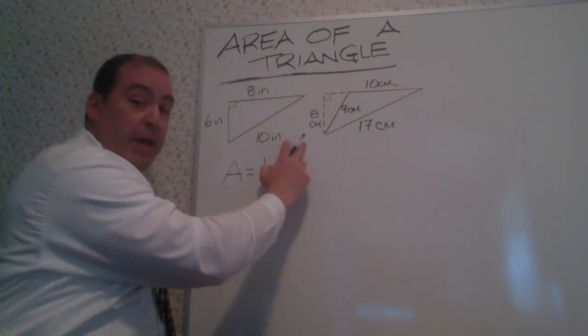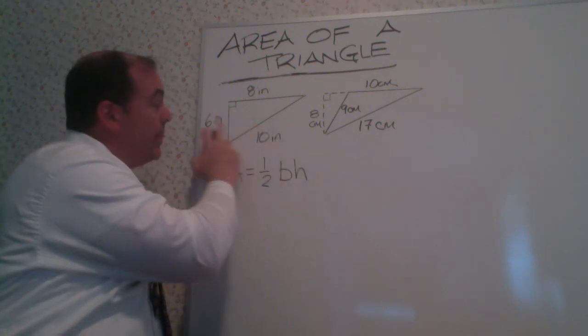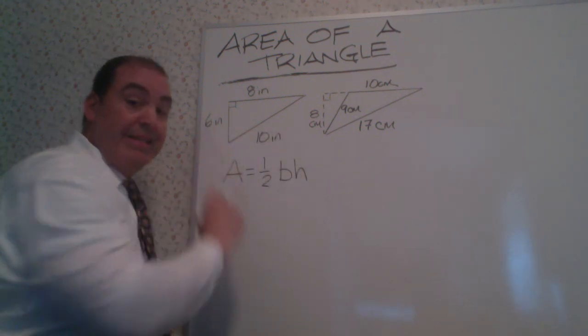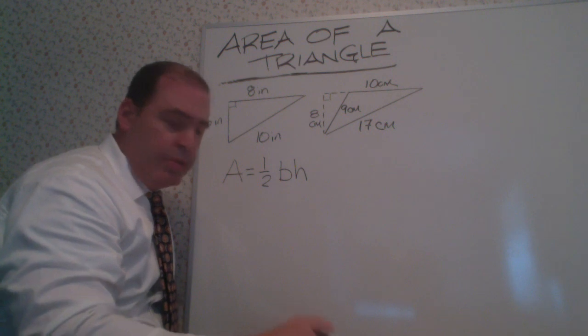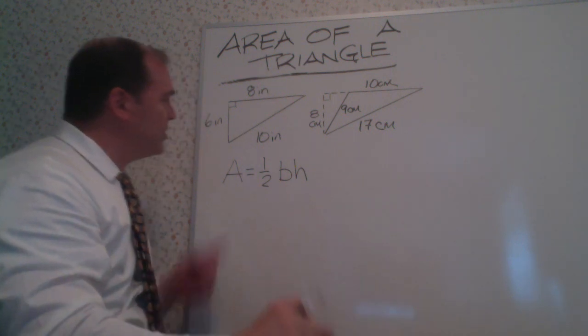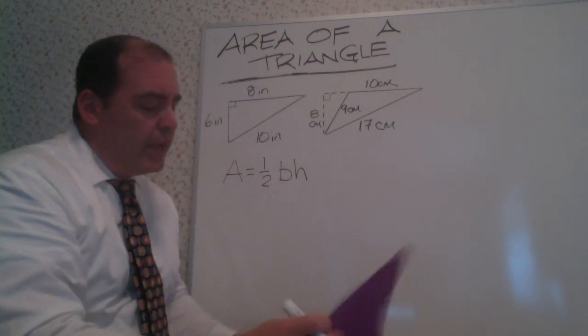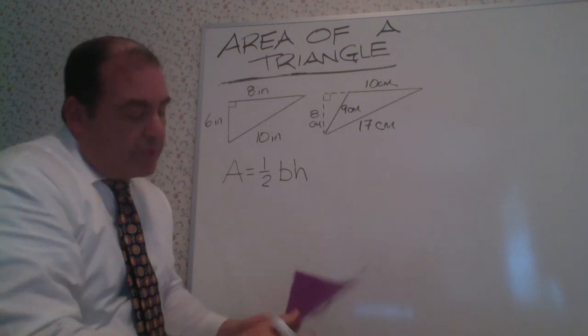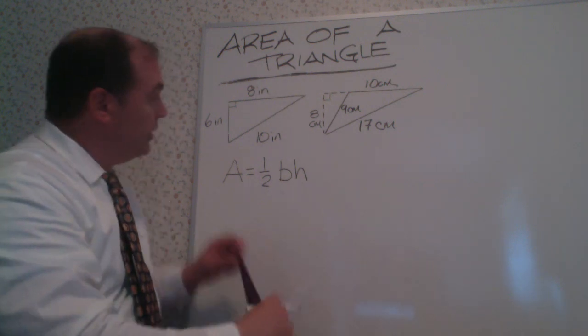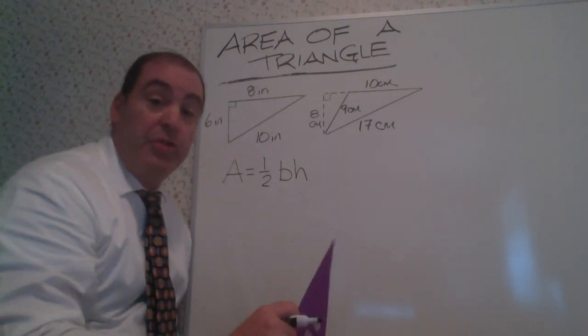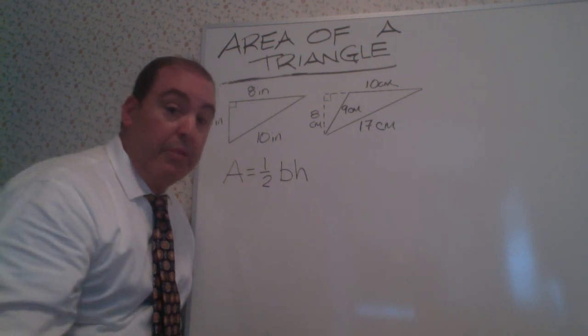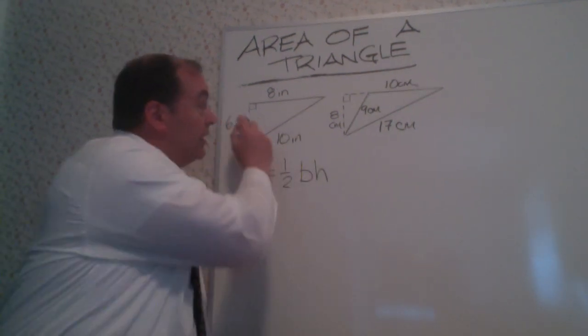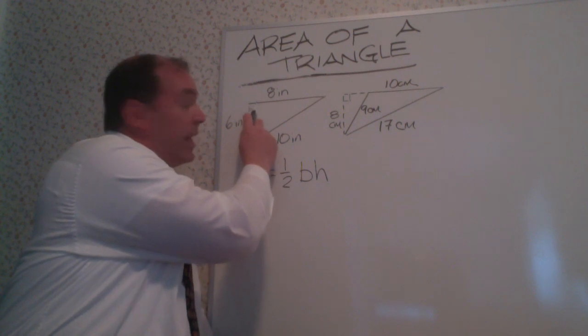There's nothing at the bottom here, but believe it or not, the base, I would say, is 6 inches. But you say, Mr. Eckel, 6 inches looks like it's the height. Well, what I used and learned in school is I would look for the perpendiculars. I would look for the two perpendicular lines and look for the right angle, and here's the right angle.